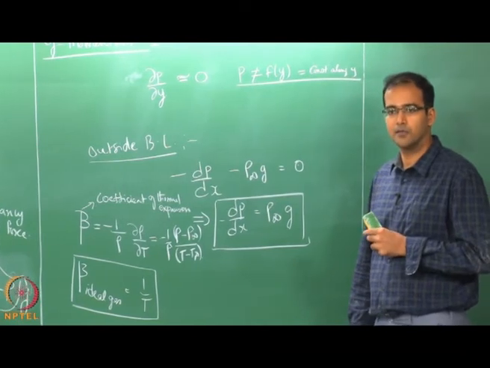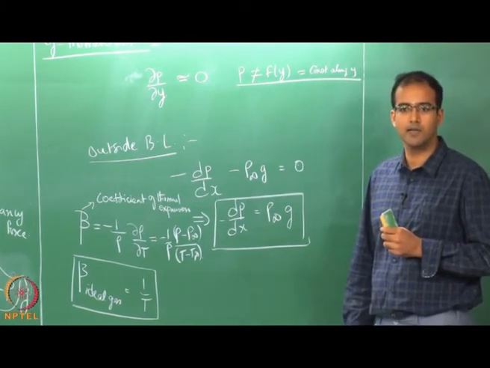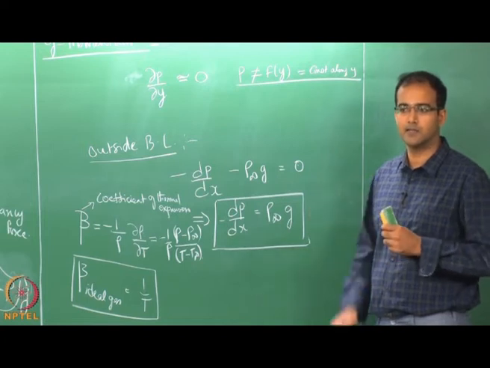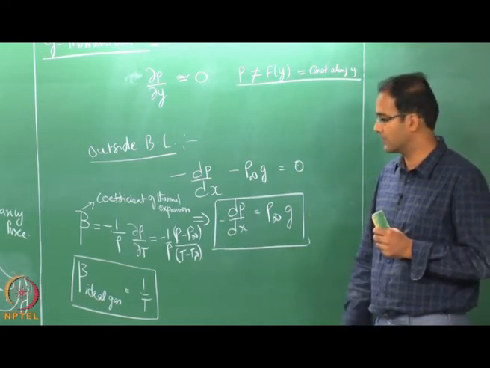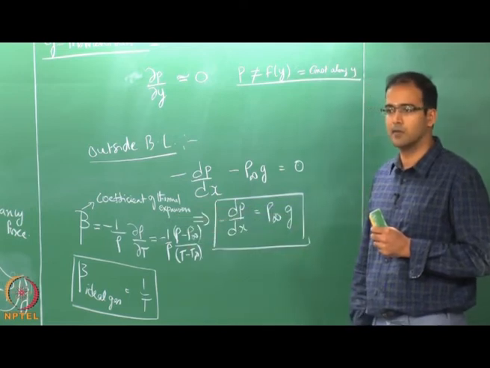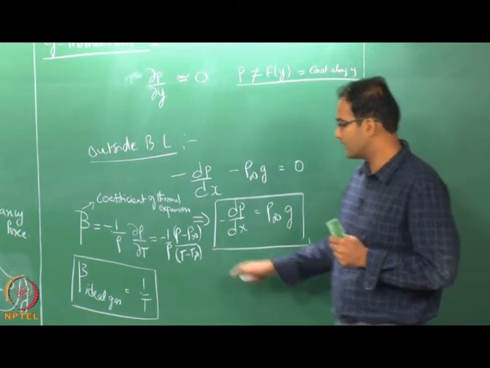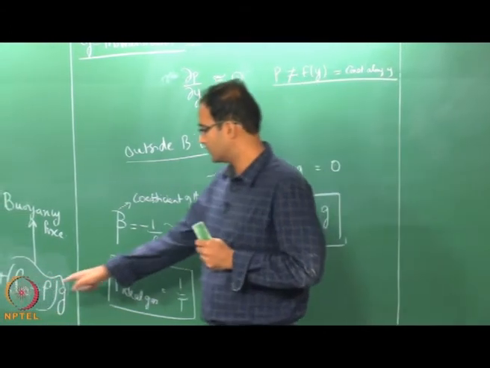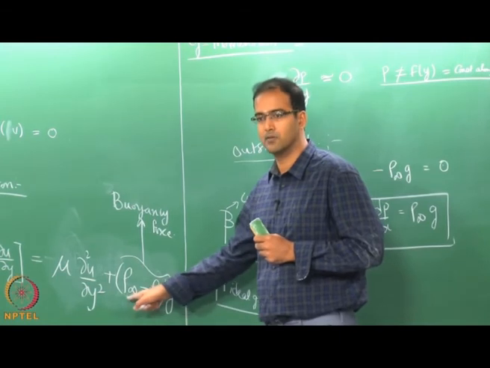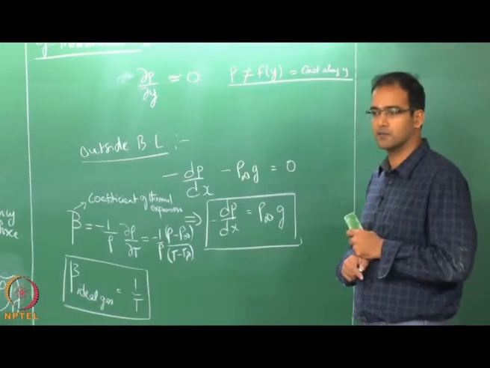If you assume that for small changes in temperature we can assume a linear variation in density, we can approximate the derivative d rho by dT as rho minus rho infinity by T minus T infinity. Now you can substitute for this buoyancy force, rho infinity minus rho, from this coefficient.